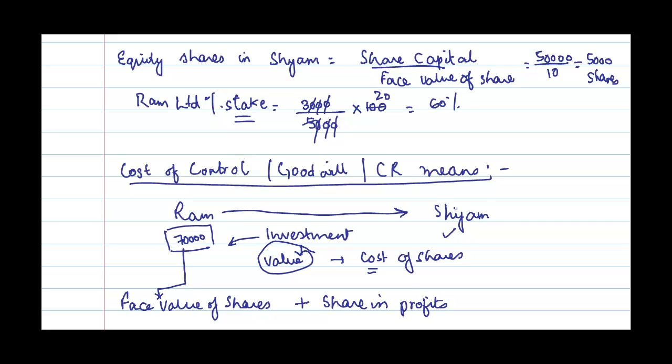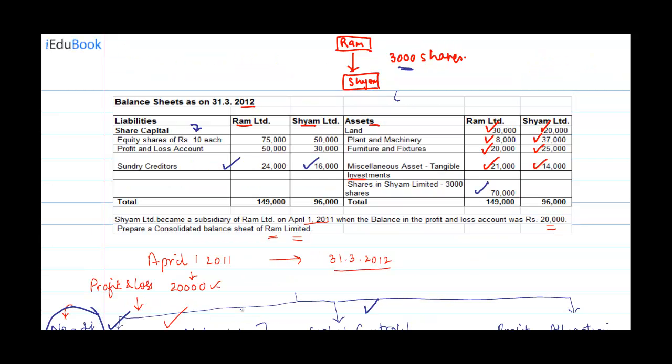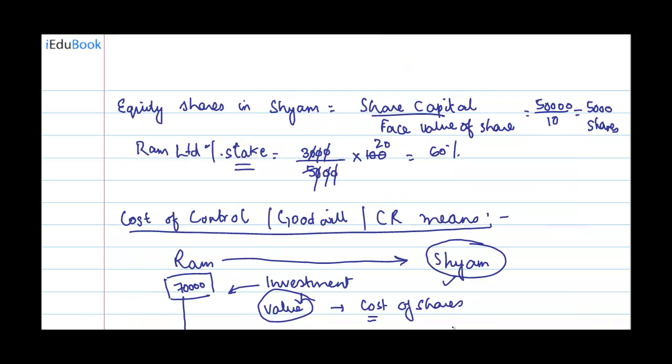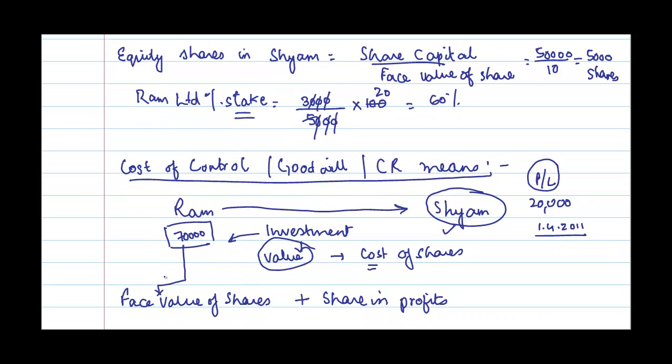So let's say in the balance sheet of Sham Limited there are some profits, which we are given is 20,000, when on April 1, 2011, Ram had acquired the shares of Sham Limited. So there was a profit which was standing in the books of Sham Limited on 1st April 2011. Now when Ram invested 70,000 rupees on 1st April 2011, what it got was face value of shares.